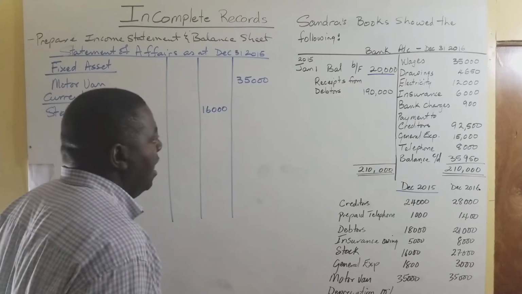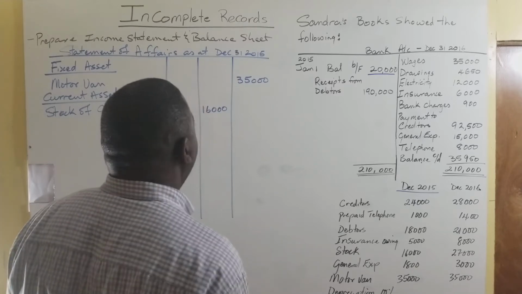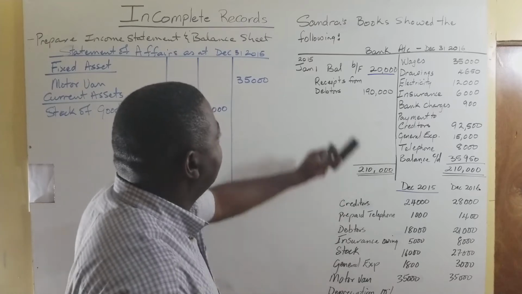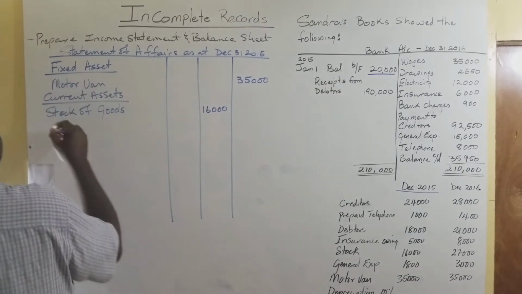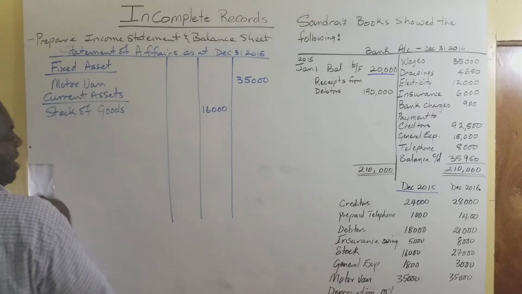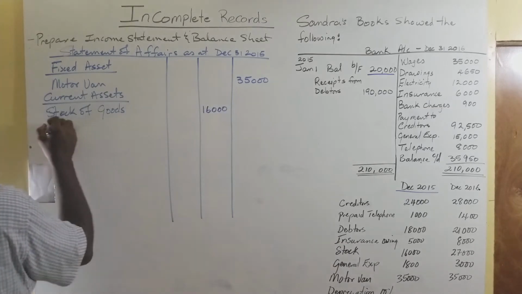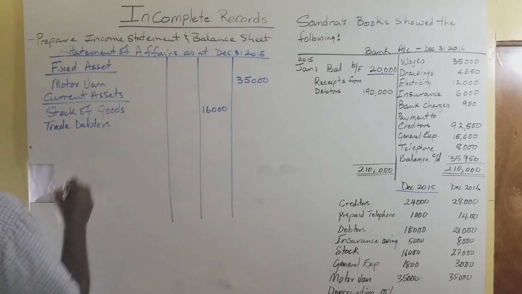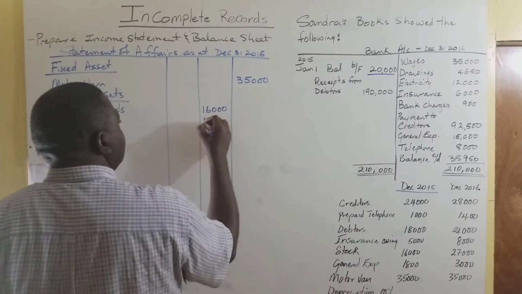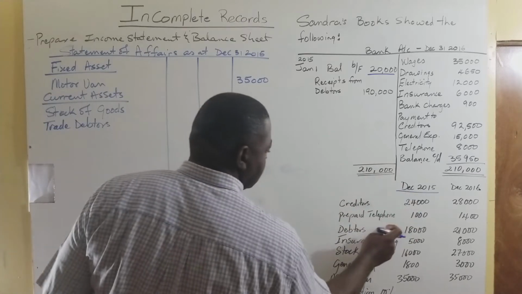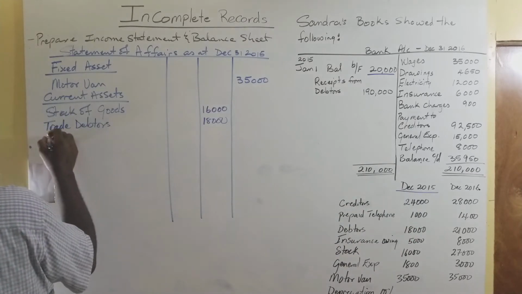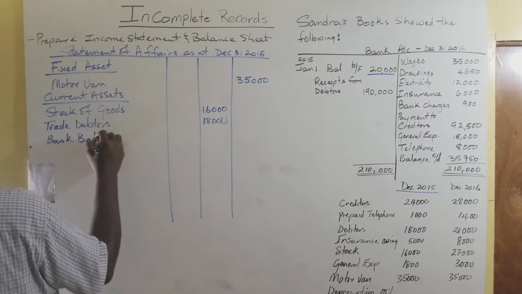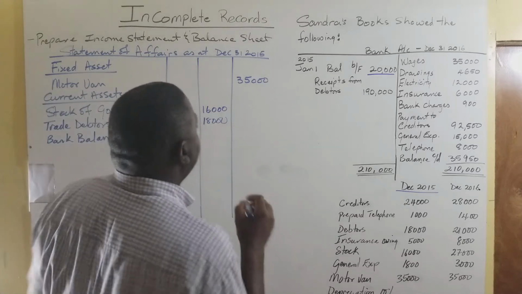All right. Our next move is to deal with the bank, and the bank account is presented here to us, and the set of balances. So we're using the opening balance. So it's going to be, we have debtors. Let's take the debtors first. Trade debtors. And the trade debtors figure is 18,000. This is it. Yes. And then, the bank balance. And the bank balance is 20,000.